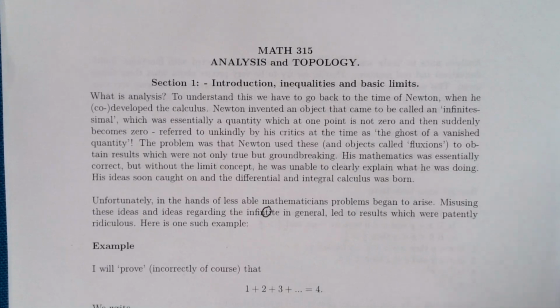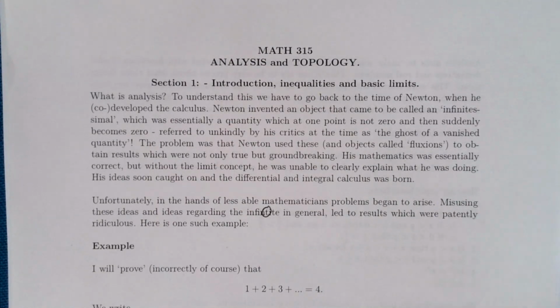Newton invented an object that came to be called an infinitesimal, which was essentially a quantity which at one point is not zero, and so you could divide by it, and then suddenly it became zero when it was convenient to do so. This was criticised by a number of people and referred to unkindly by his critics at the time as the ghost of a vanished quantity.